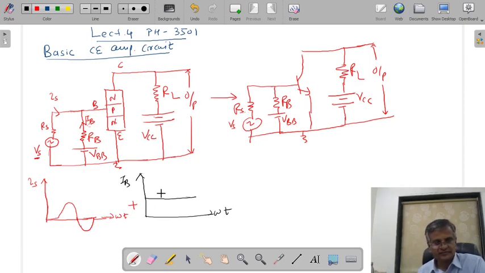This is the IB. This is your Is. At this point, the input current is the addition of these two.